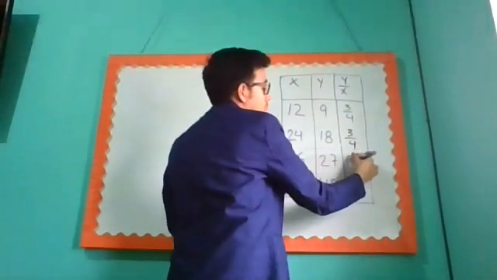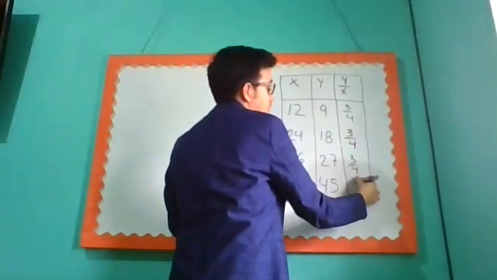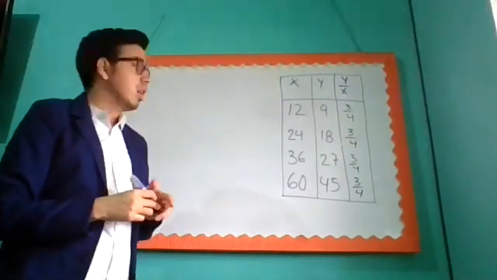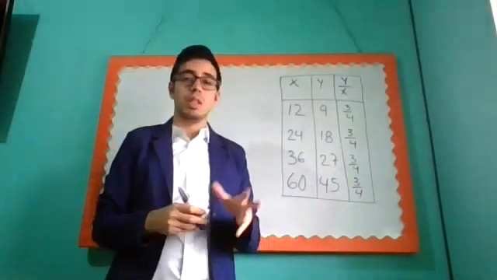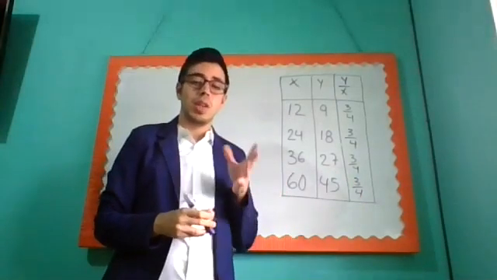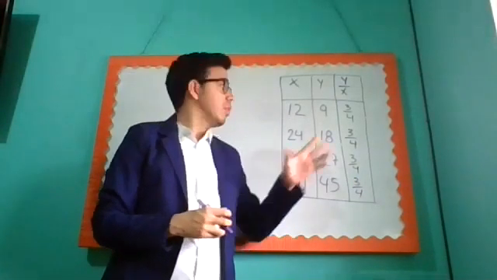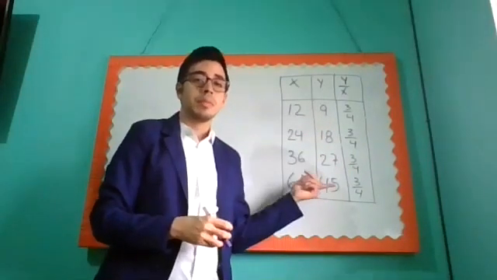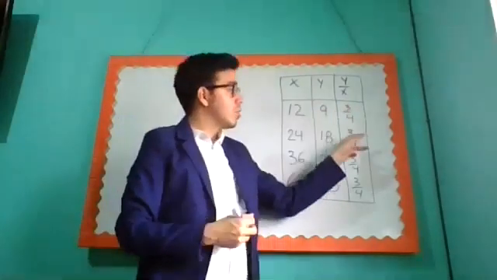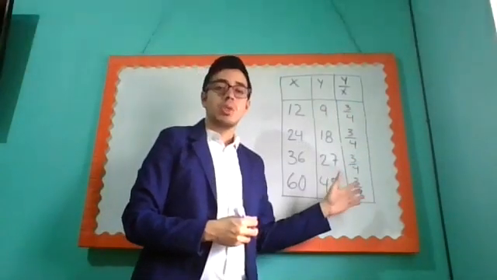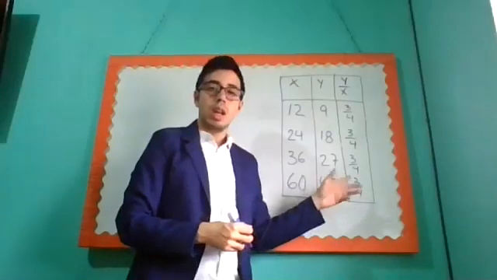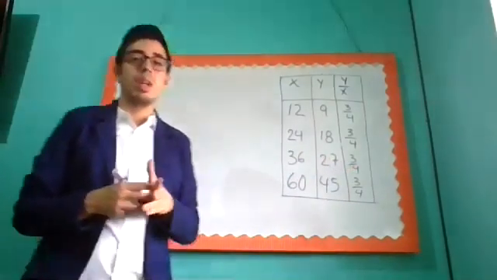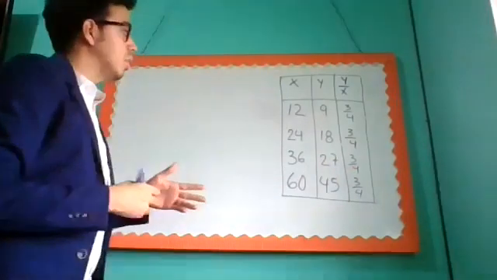You can prove it by dividing. I'm only going to copy it because in the book they already give you the numbers, but if you divide, you can prove the division is 3/4. So this is a proportional relationship because in each ratio I have the same result, 3/4.